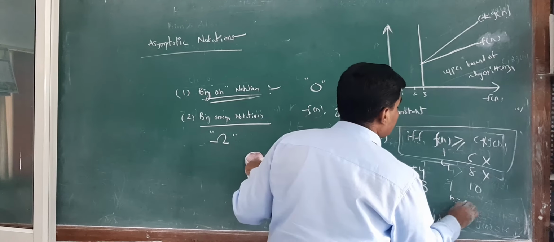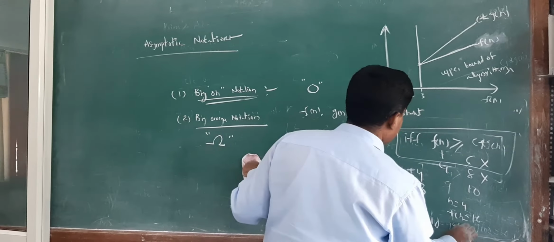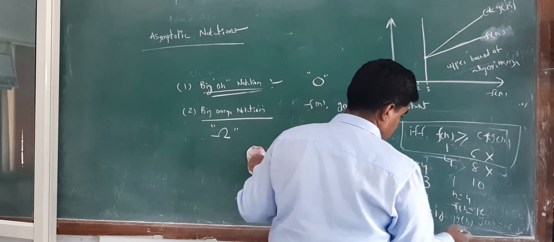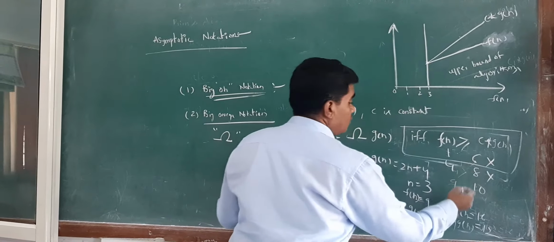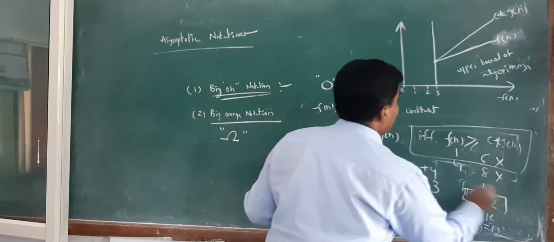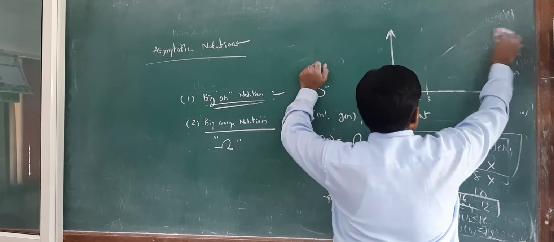Next, n equal to 4, f of n is 16, g of n is 2 into 4, 8, plus 4, 12. Now the condition is satisfied. This is 16, this is 12. From n equal to 4 onwards, it is satisfying our constraint.